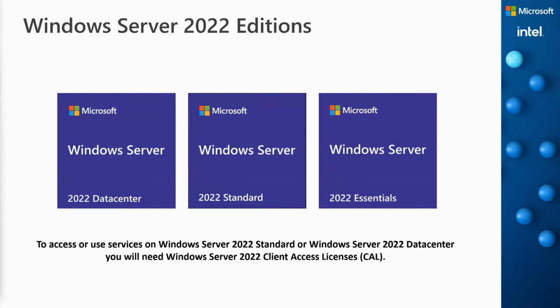But what I have to know is that these previous versions, 2019 and 2016 Essentials, were individual editions. So in these previous versions of Windows Server, we didn't have the identical bits and bytes for Standard and Essentials.